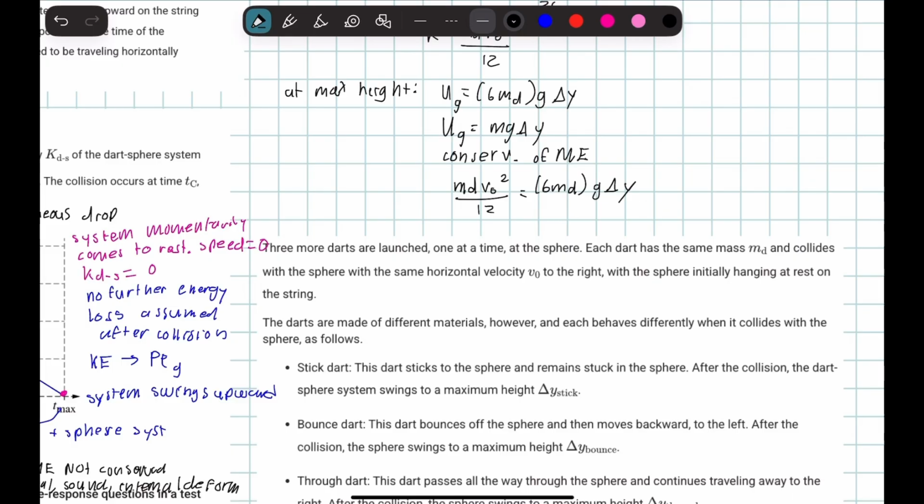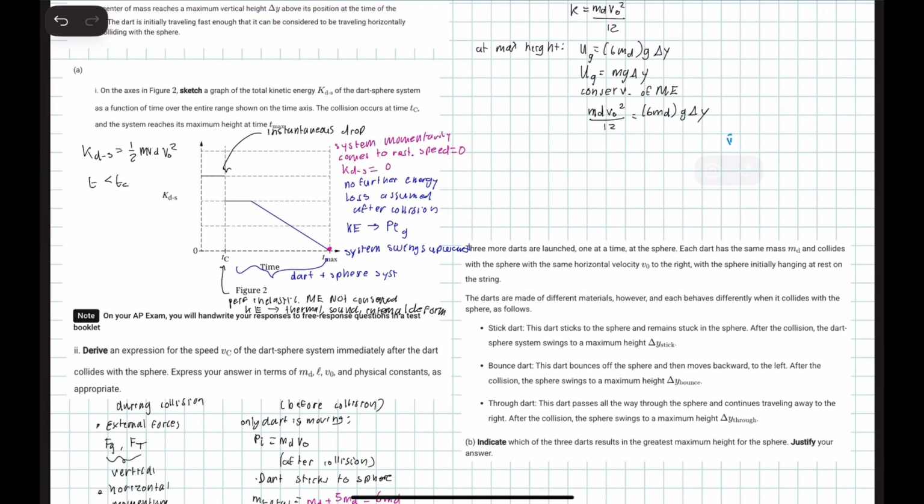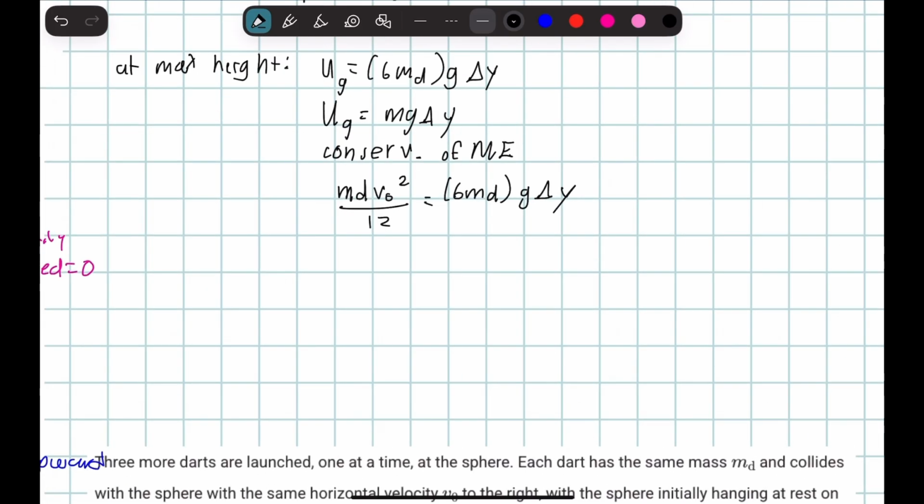So now we have v initial squared over 12 equal to 6g delta y, after we cancel md from both sides. Now we're just solving for delta y.